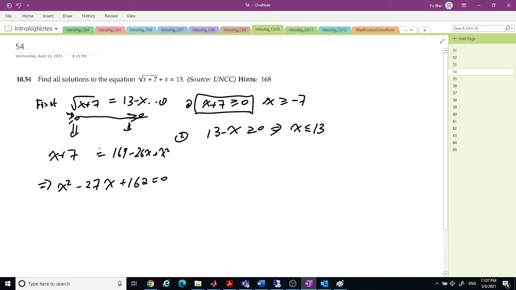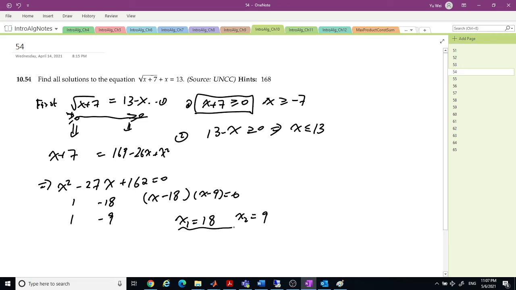Okay, so we can do the... this one is the -9. So we have x minus 18, then x minus 9 is equal to 0. So x1 is 18, x2 equals 9.